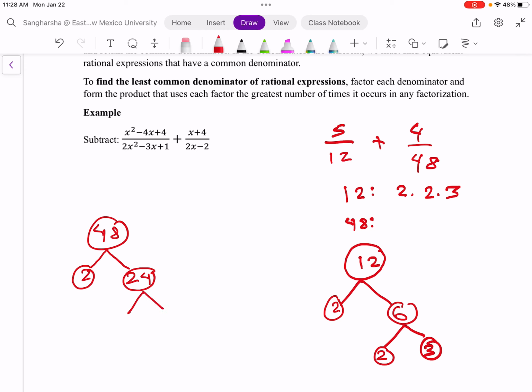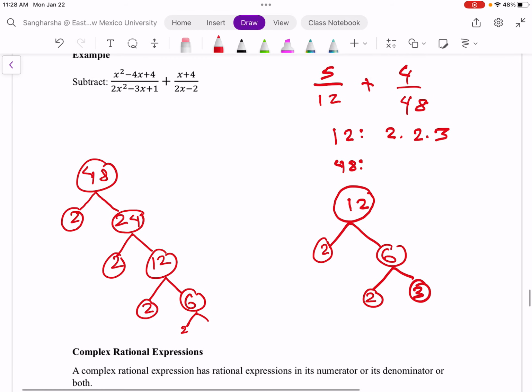The smallest number that divides 24 is 2, which gives 12. 12 is not prime, so we divide by 2 to get 6, and then 2 times 3. So our 48 is 2 times 2 times 2 times 2 times 3. So you write down each denominator in prime factor form.